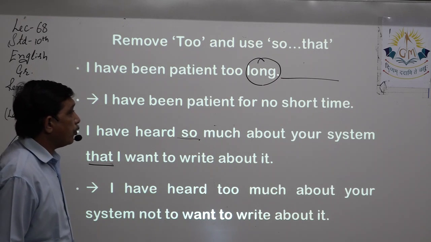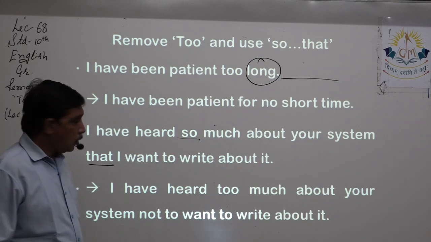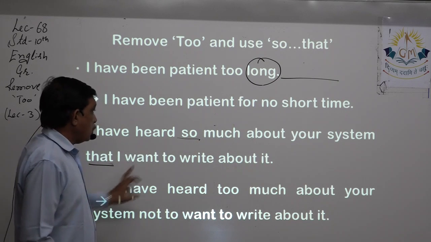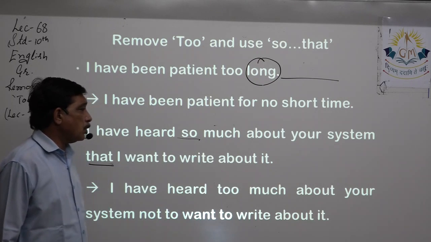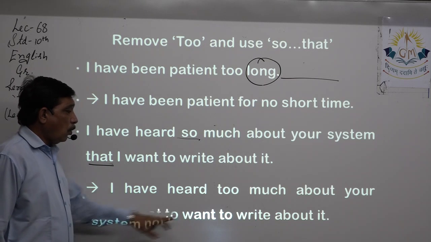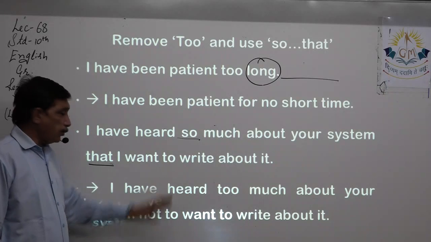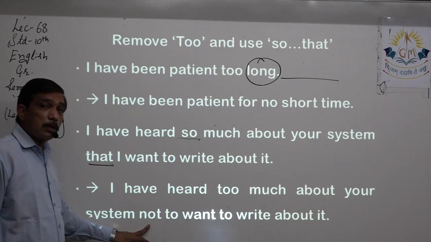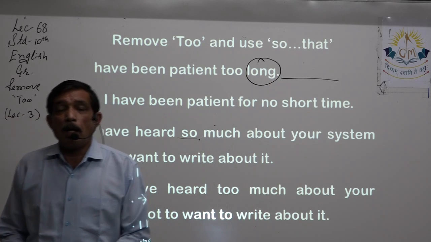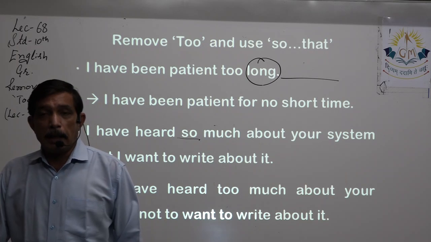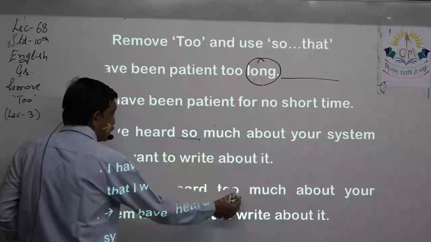Answer is: I have heard, so that will get transformed into "too". I have heard too much about your system. Now, "want to write about it." I want to write about it, but negation cannot be used somewhere over here. So I'll use the negation in front of the verb. Not to want to write about it. So I have "so that" also and negation also to keep the meaning of the sentence intact.